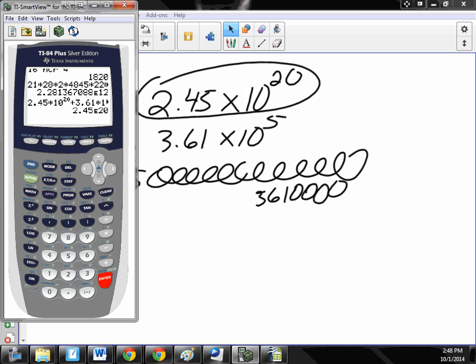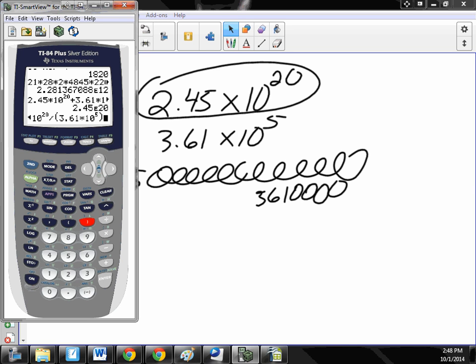But we're actually going to be dividing. So what if I did all of this divided by, and then I put it all in parentheses. What would we expect? It's going to get smaller, right?